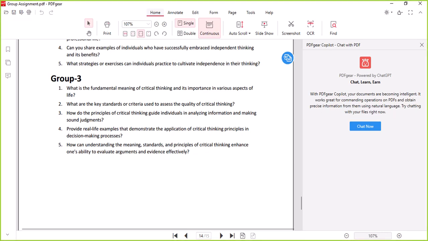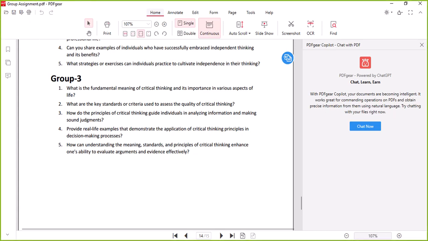What is the standard of critical thinking? We have clarity, depth, fairness, accuracy, precision, logical connectivity. What's the difference between accuracy and precision? Accuracy is about how correct we are, and precision is how close we are to the point. Very good. What are the principles of good argumentation?